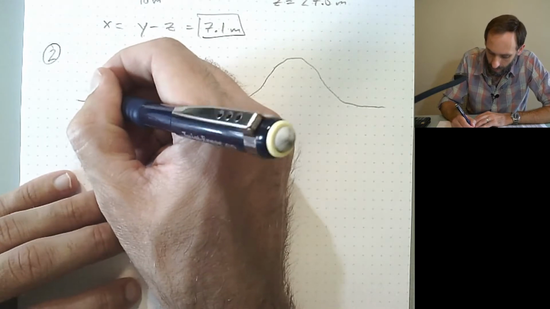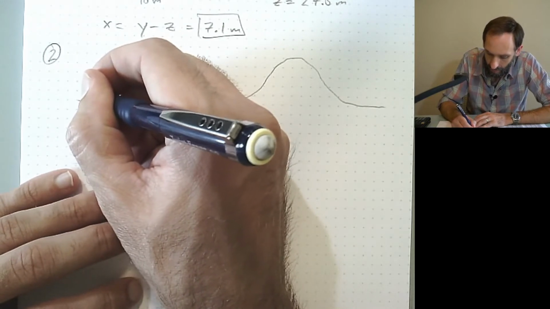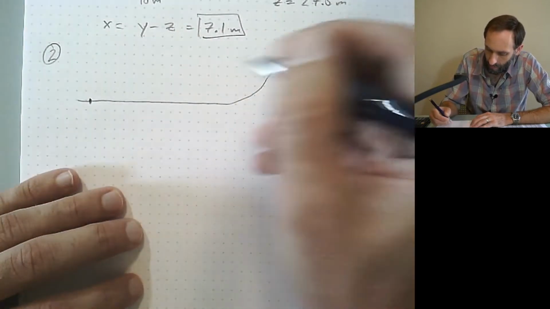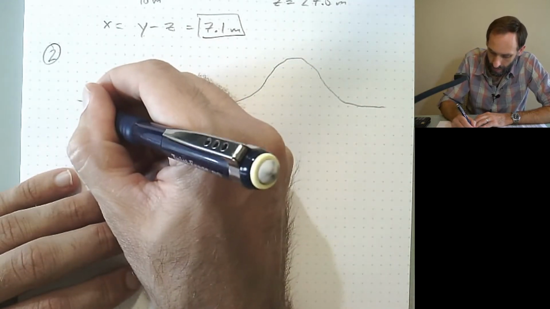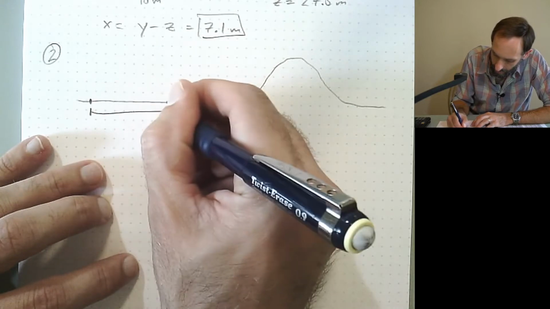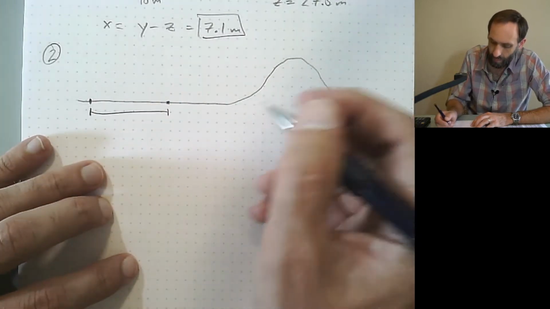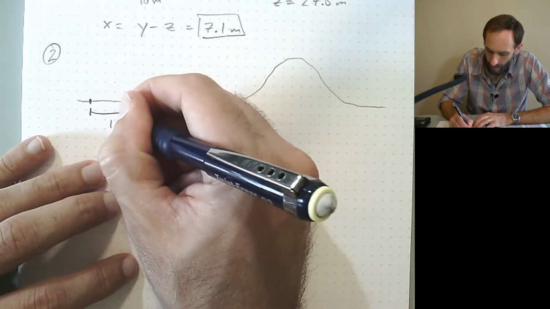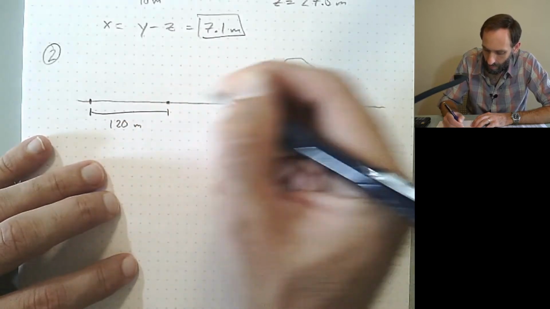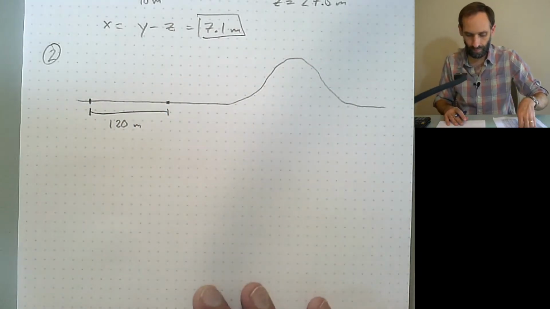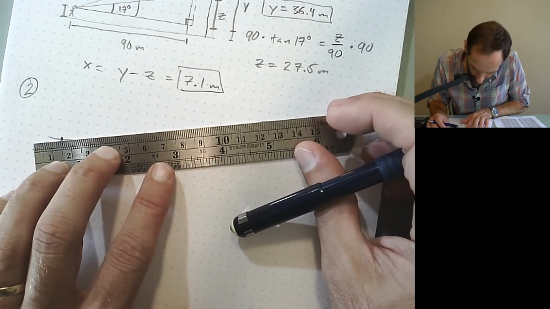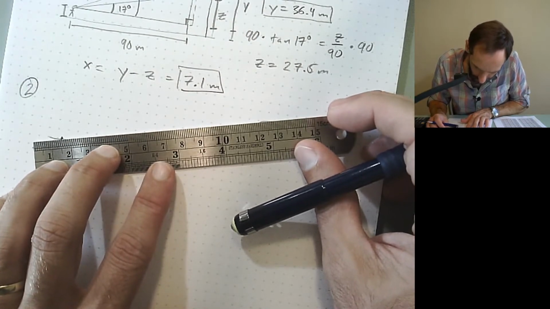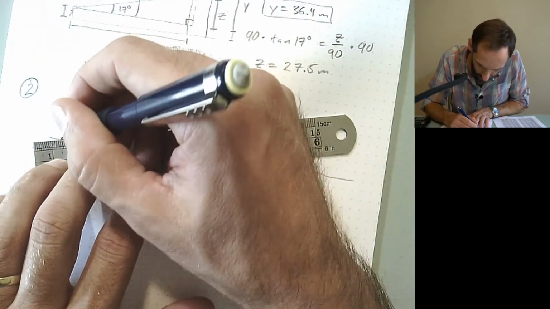Now, we'll pick two spots on the field, here and here. And we'll say that the distance between these two perspective points is 120 meters. Okay, now I'm going to draw lines, drawing some triangles here.